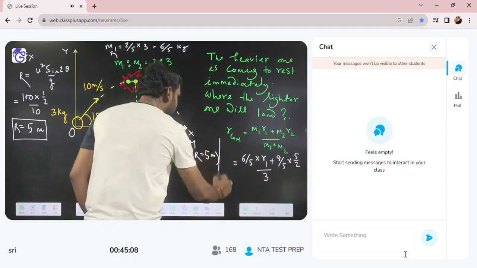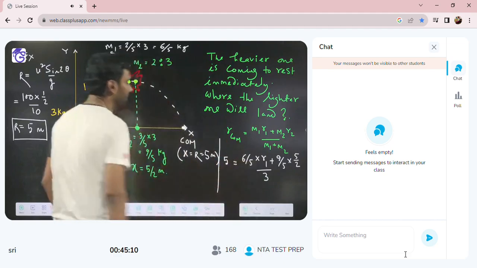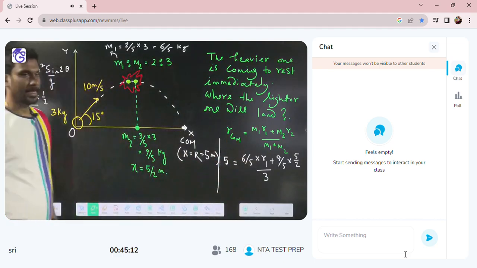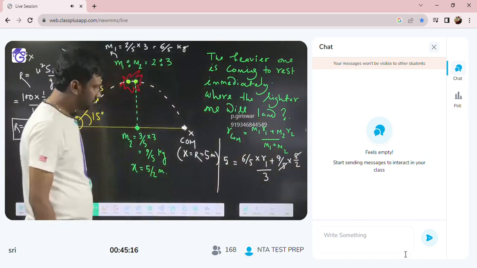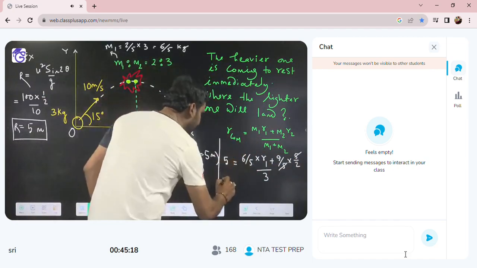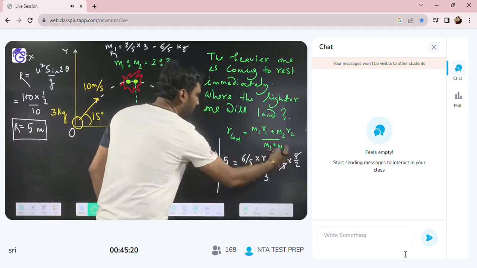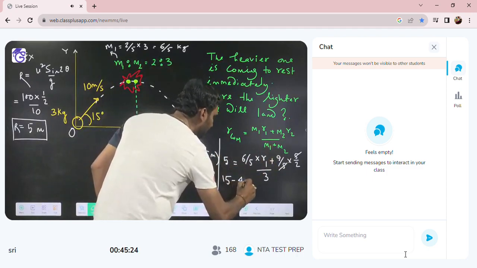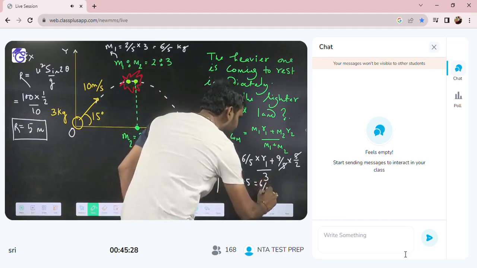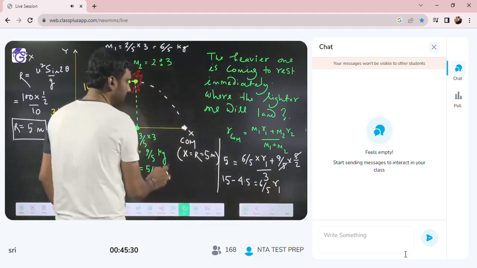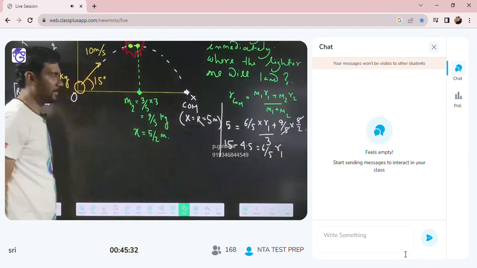And where is R center of mass? This is 5. So this 5 and this 5 cancel out. 3 fives are 15. If you bring it to this side, minus 4.5, that is equal to 6 by 5 R1.